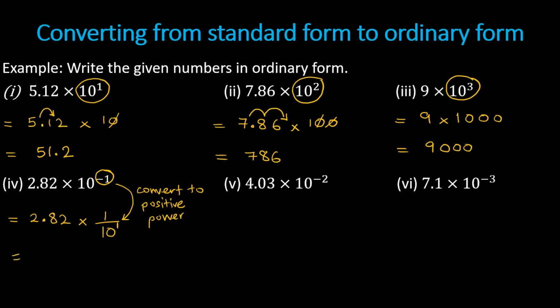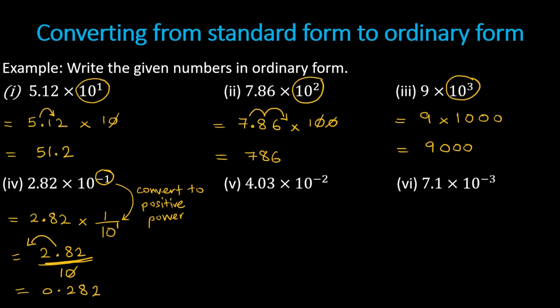Now, 2.82 times 1 in the numerator is 2.82, and you have 10 to the power 1, meaning 10 in the denominator. Here we are dividing. Whenever you are dividing, you move the decimal to the left by one decimal place, so it becomes 0.282.